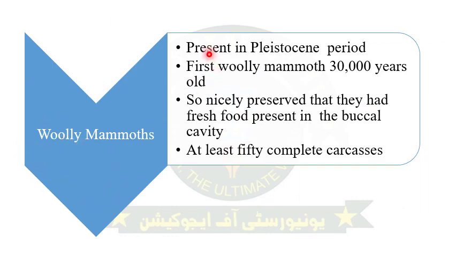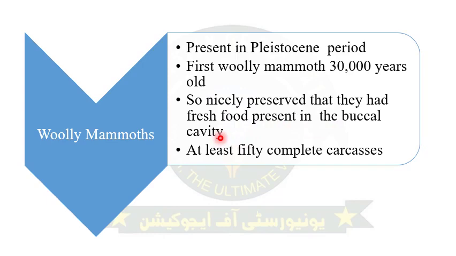Woolly mammoths were present in the Pleistocene period. The first woolly mammoth was discovered about 30,000 years ago. It was so nicely preserved that it had fresh food present in the buccal cavity.